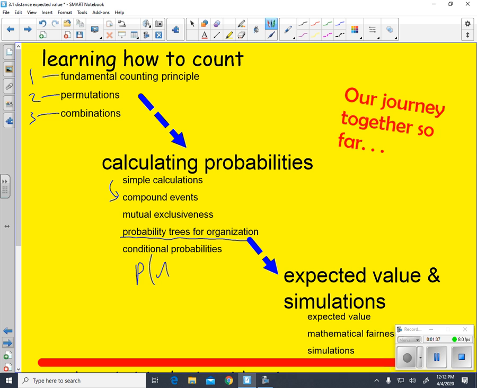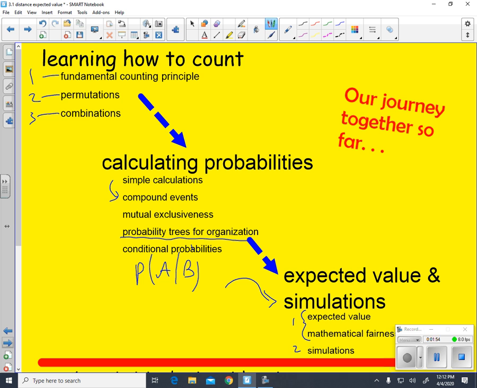What's the probability of A, assuming B has already occurred? So we've been on quite a journey already, and now we're going to move into our expected value and simulation chapter, and we're going to combine these two things together.